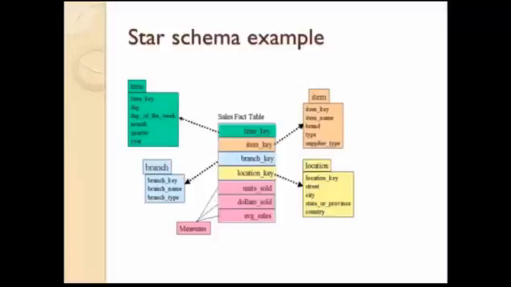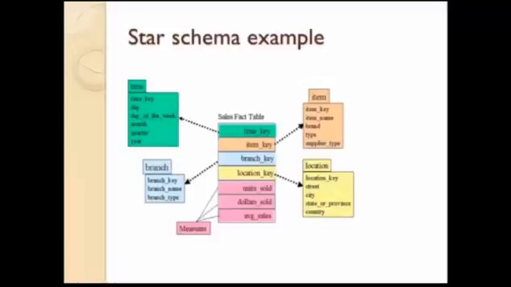Okay. So in other words, in the sales fact table, the primary key is a composite primary key made of the 4 primary keys of the dimension tables.